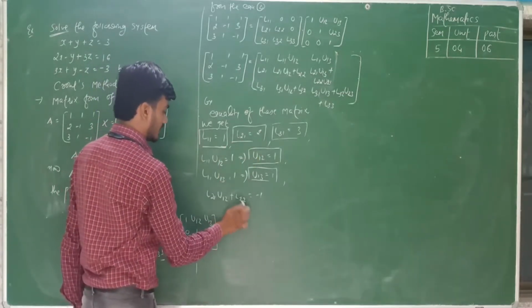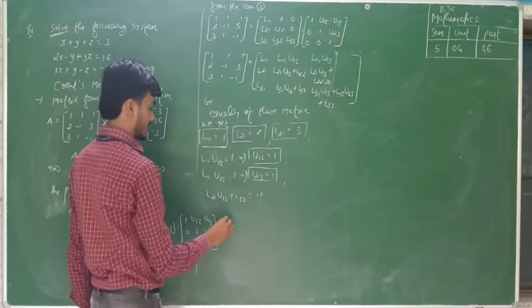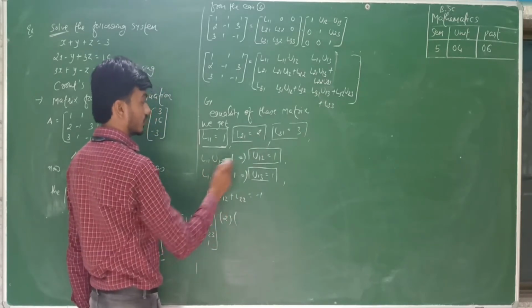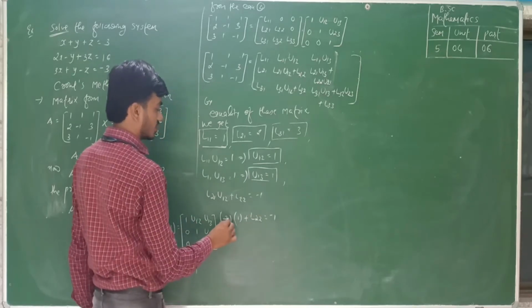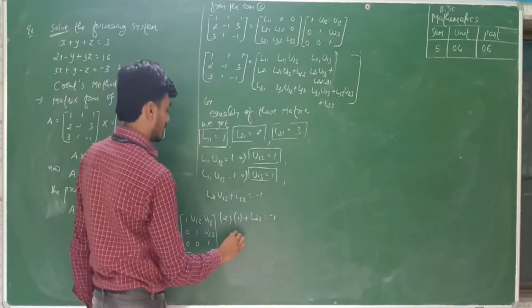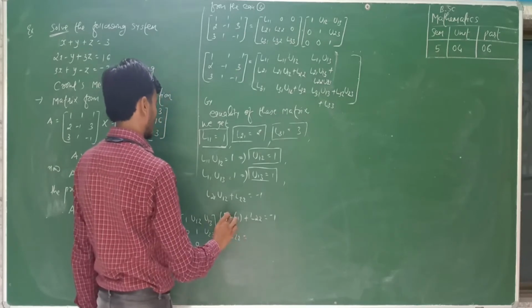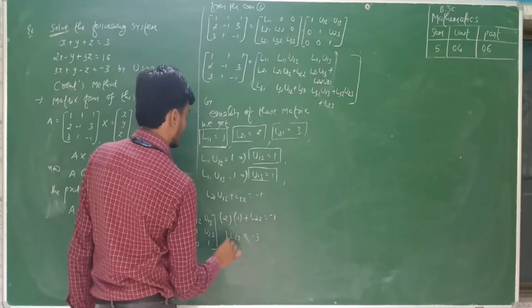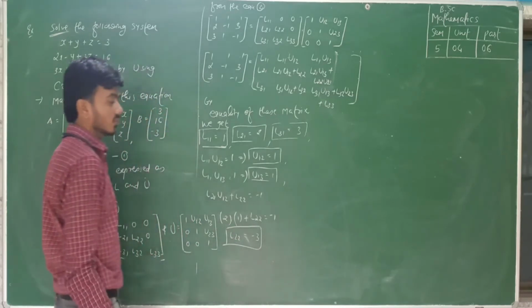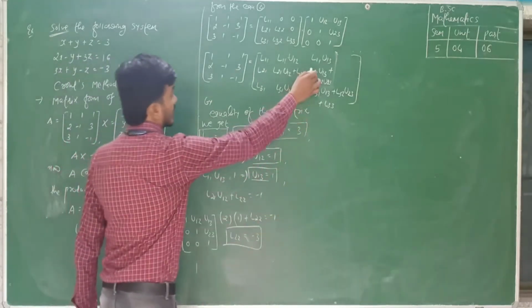We have known the L21 value, that means 2, into U12, that means 1, plus L22. 2 into 1 is 2, so L22, taking plus 2 to the right hand side, is minus 1 minus 2, that means L22 is equal to minus 3.